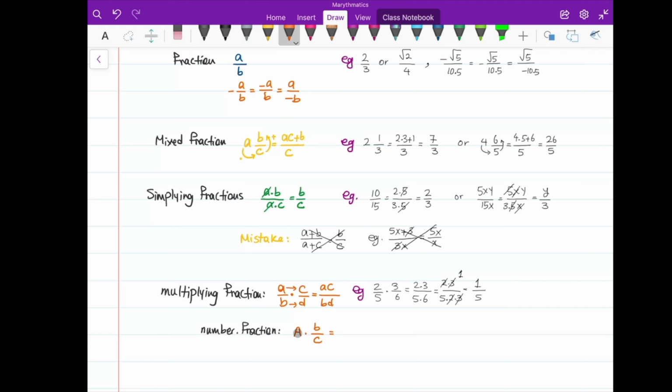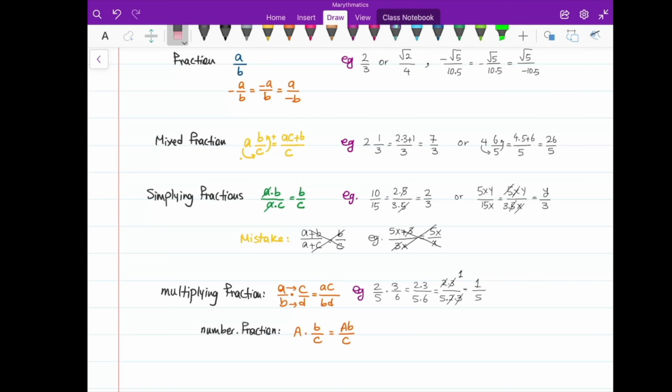Why? Because any number you can write as a fraction over 1. So the answer here would be ab over c, since I can make a as a fraction, a over 1, and then a times b over 1 times c. Okay, that's the answer.